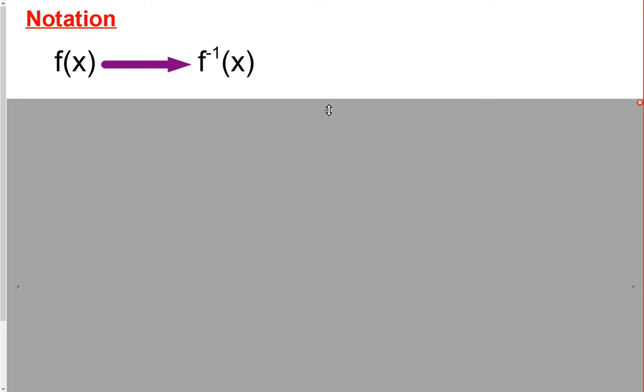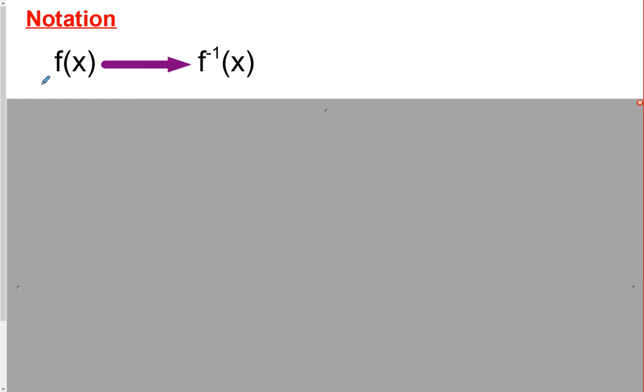Okay, so here's our notation for our inverse function. When we're writing our inverse function, we compare them like this. Our first one we call f at x, because that's our function notation. That's how we write functions. Our inverse we're calling f at -1x. It's just like in trigonometry when we were talking about doing the inverse of sine, cosine, and tangent.